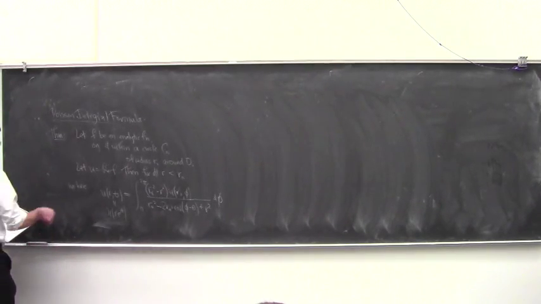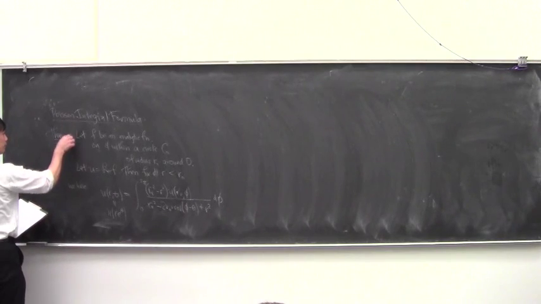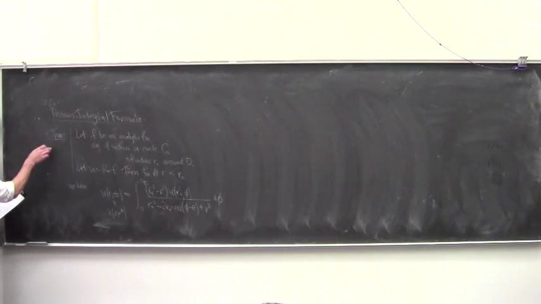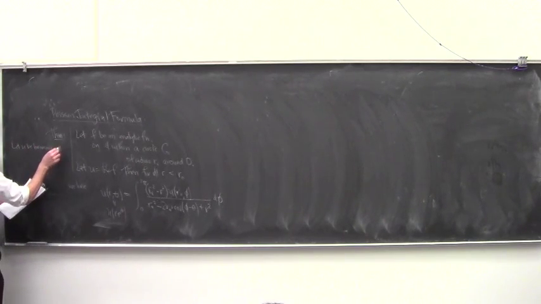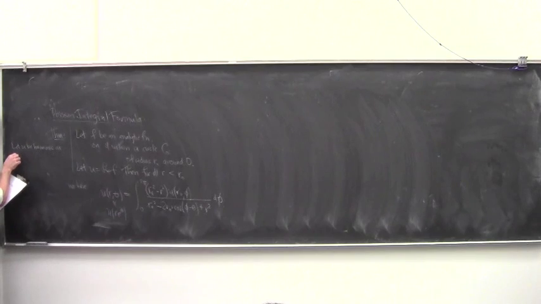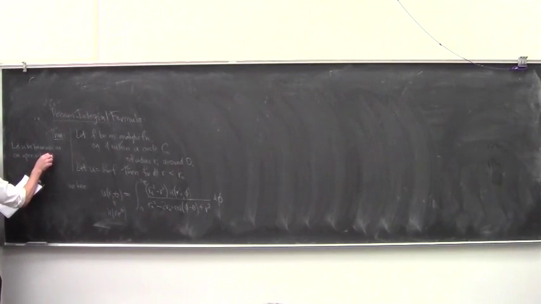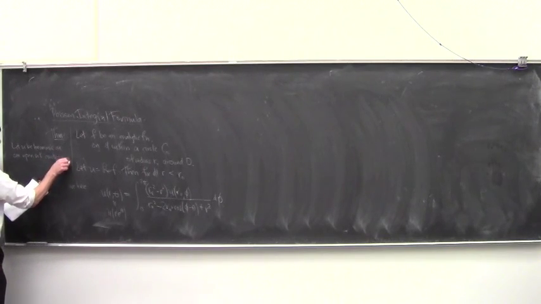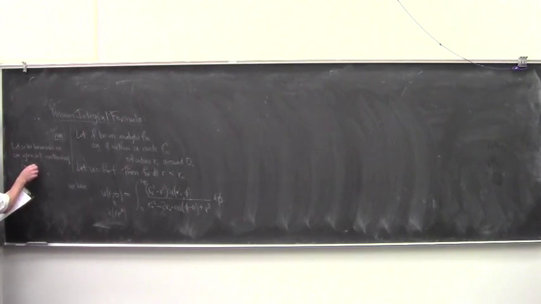Let me say that we could rephrase the hypothesis as follows. You could say let U be harmonic on an open set containing C naught and its interior.